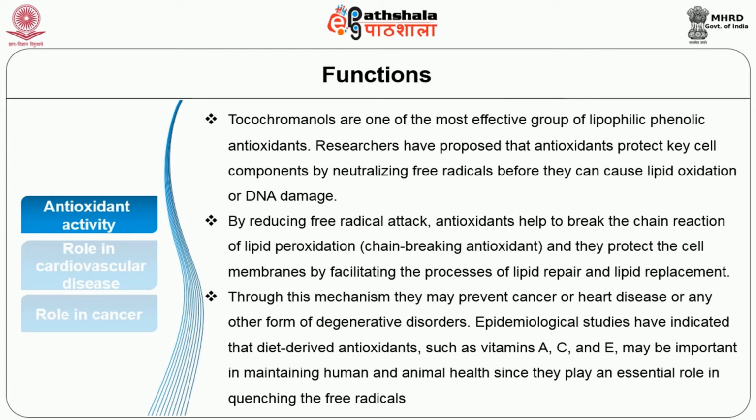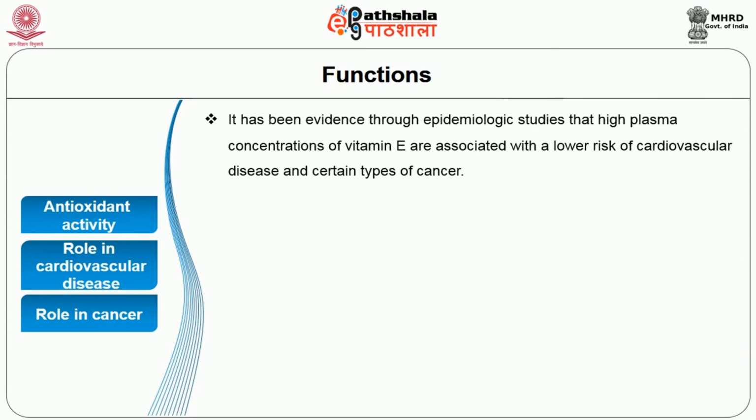Hence, for maintaining long-term health, it is necessary to include an adequate amount of antioxidant-rich foods in our daily diet. It has been evidenced through epidemiological studies that high plasma concentrations of vitamin E are associated with a low risk of cardiovascular disease and certain types of cancer.